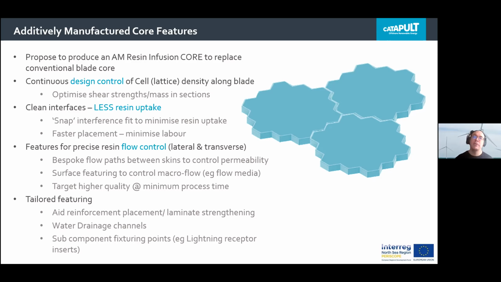And that gets back to the point I was making earlier of having separate channels being allowed to transport resin on the top surface and the bottom surface of the core.